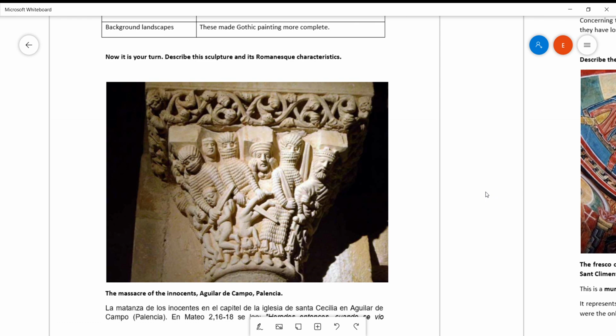So this is rigid because of the parallel lines that we have representing the coat of mail of the soldiers, or the straight lines of the different arms of the soldiers.